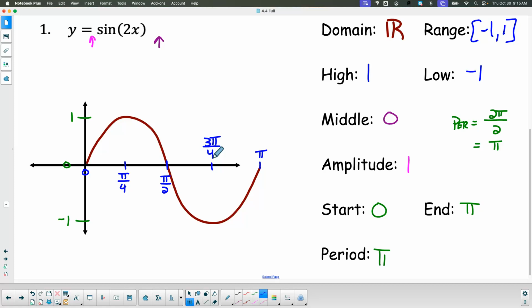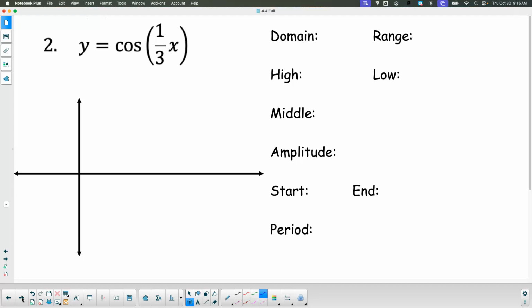All right, let's try another one. Cosine, 1/3 x. Give me a known. What do we know? Domain is all real numbers.